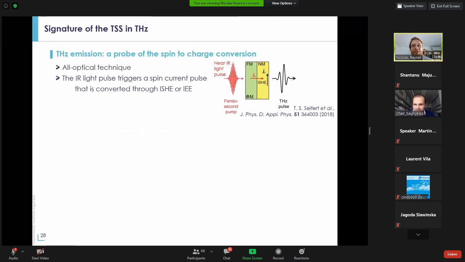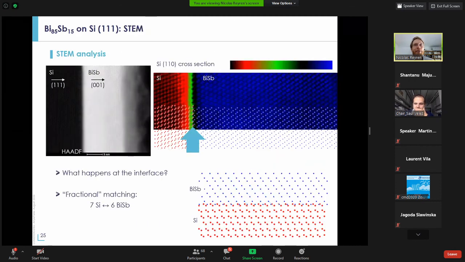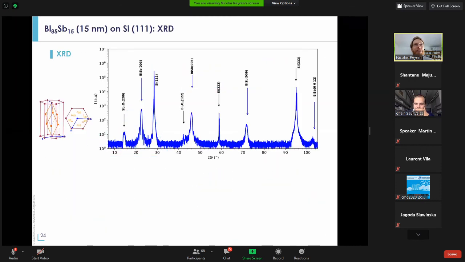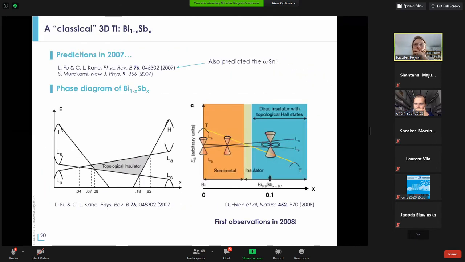This is still under investigation. We did several concentrations. And indeed, there are still large effects from the bulk. I don't have the resistivity curve, but you see that it goes first up and then it makes a bump. That means that at room temperature, you still have quite a lot of bulk contribution. It's always the problem with these things.